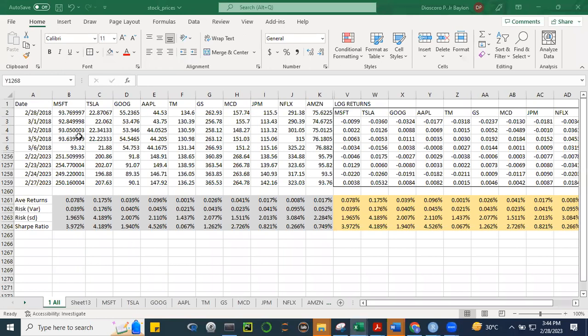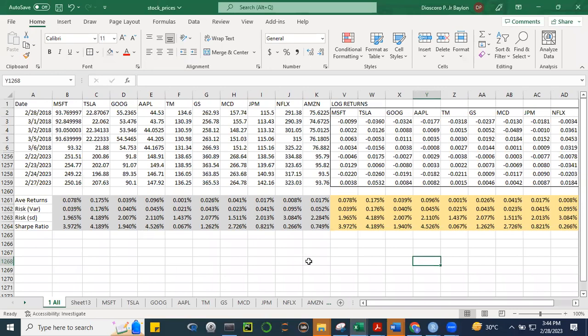Oftentimes this is used in finance, yung Sharpe ratio, because it normalizes, which means it puts in the same perspective. It makes the stocks comparable because the risk is per unit.